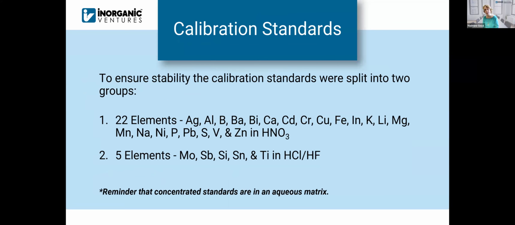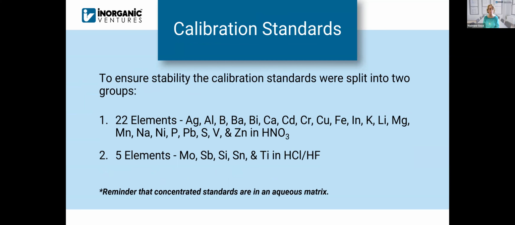To ensure the stability of our aqueous calibration standards, we needed to split them into two groups. 22 out of the 27 elements that we're testing are in dilute nitric acid. And you can see in this group that we have included sulfur.